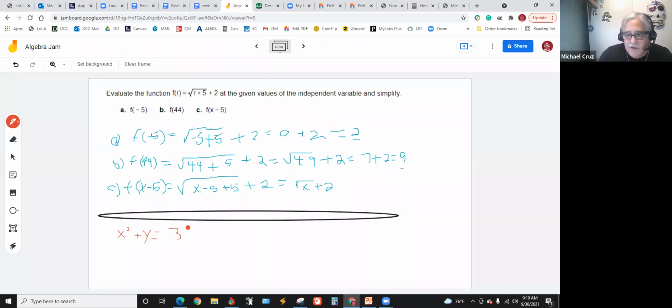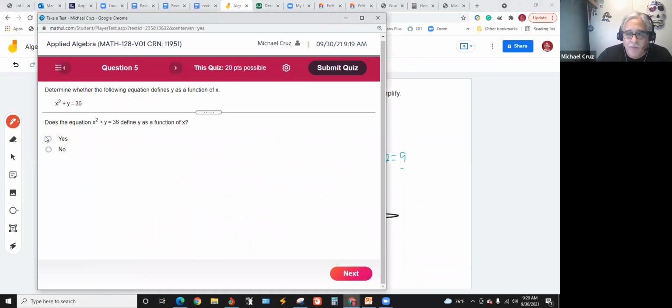We got to be able to solve this thing for y. That's not too hard because we just got to subtract x squared from each side. And so then we've got y is equal to 36 minus x squared. All right. So it can be solved for y. So that's definitely a function.